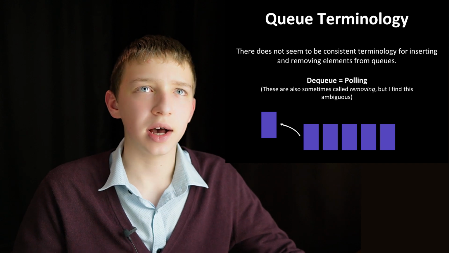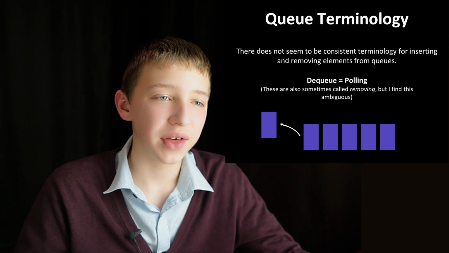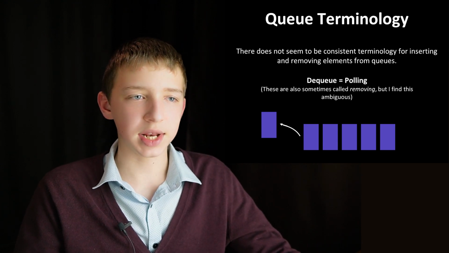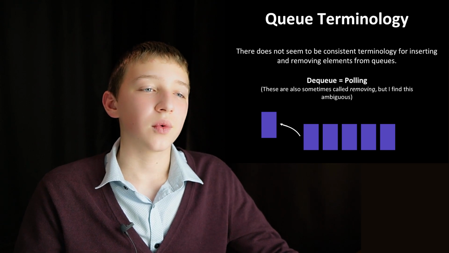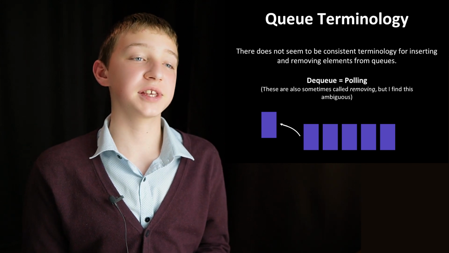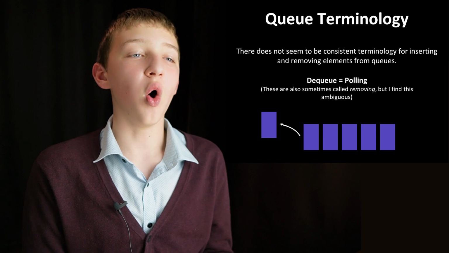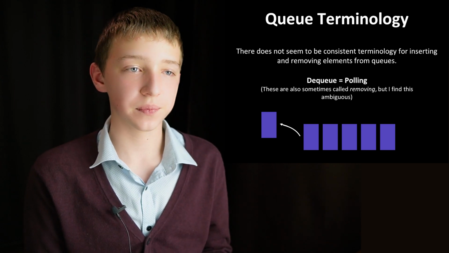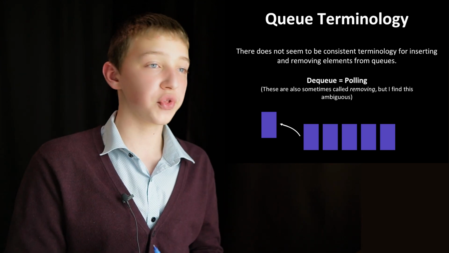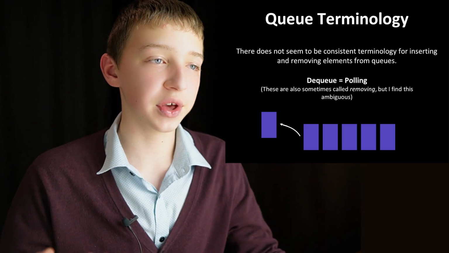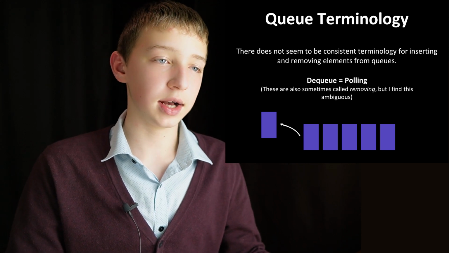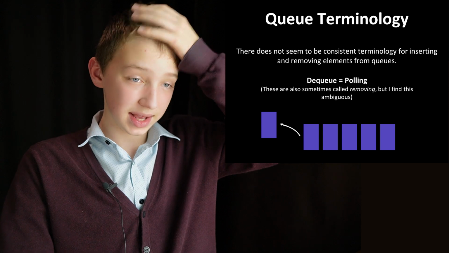When someone says we're removing, do they really mean removing from the front of the queue, or from the entire queue, some specific element in the middle or at the end? Removing specifically at the front is known as dequeue or polling.